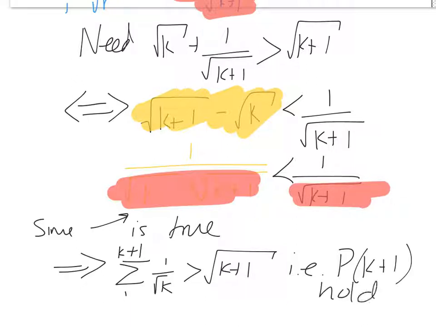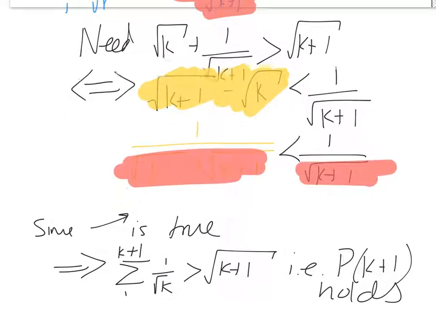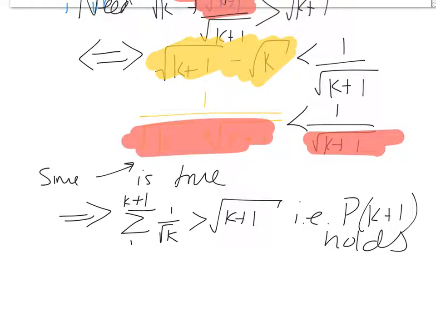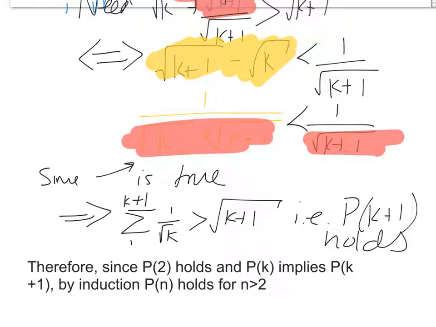And then it's just a case of writing your induction sentence here. Therefore, since P1 holds, wasn't P1, sorry, was it? I don't know if you can see this as I'm typing it, probably not, so it's just all going to appear at the end.